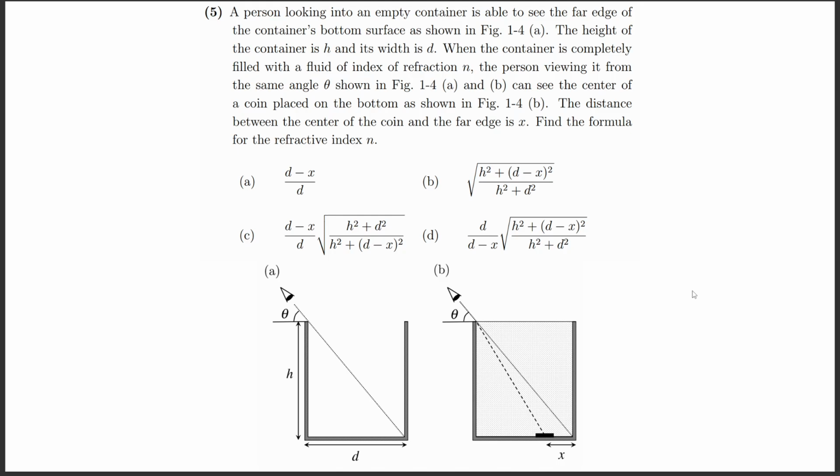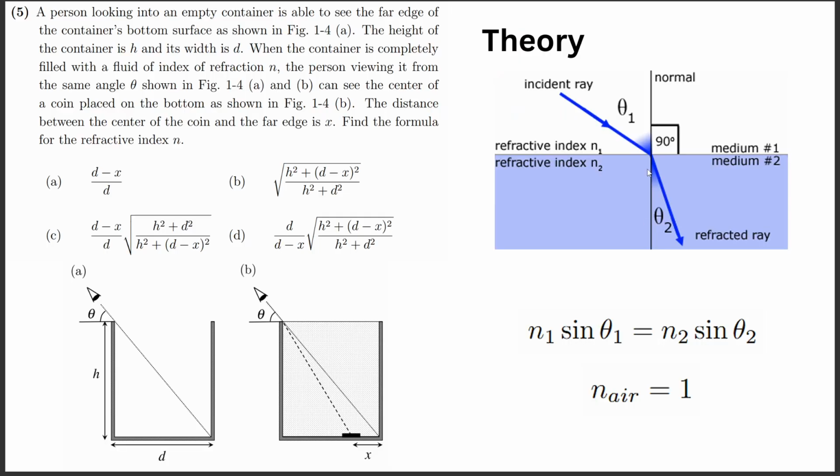So we are asked to find the refractive index n. The theory is that the refractive index, that is n1 here, times sine of the theta that is adjacent to the normal line, that is the vertical line, is equal to n2 here times sine of theta that is adjacent to the normal line here.